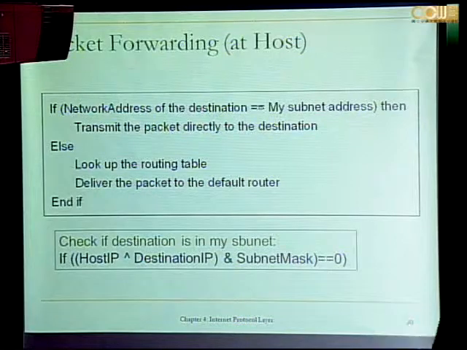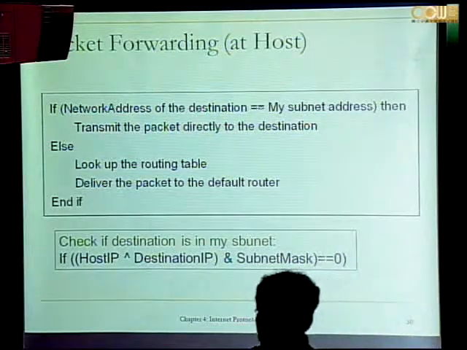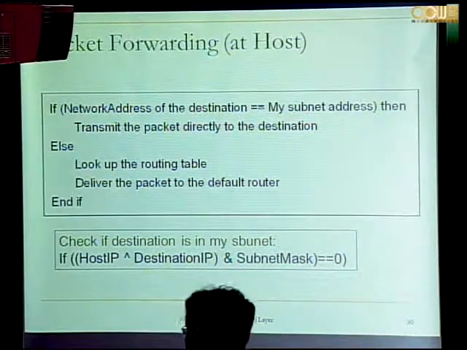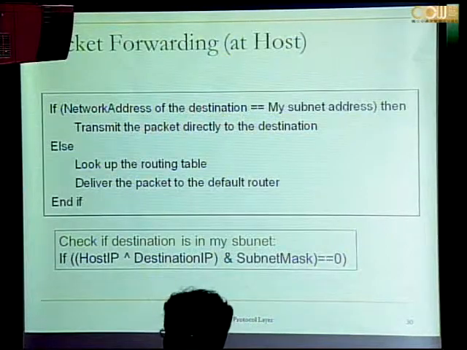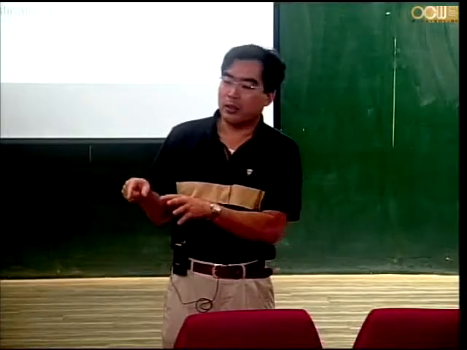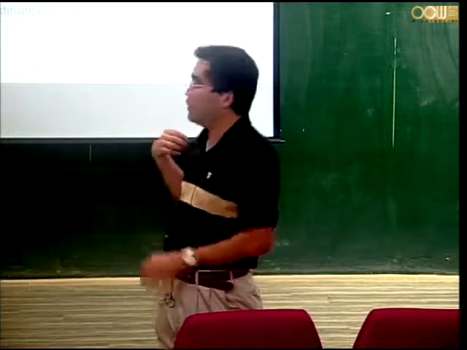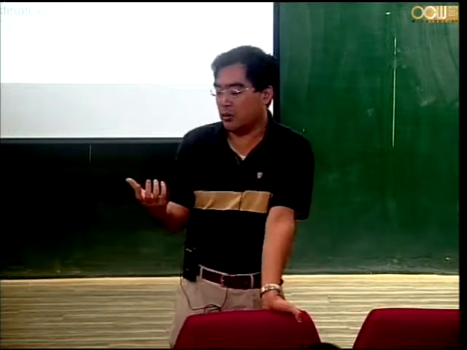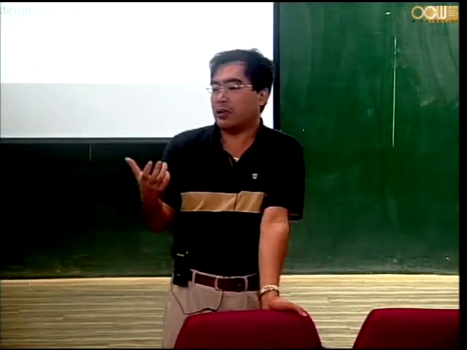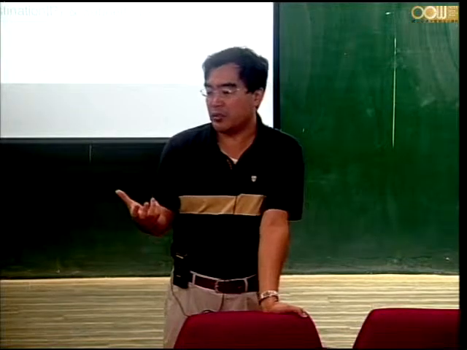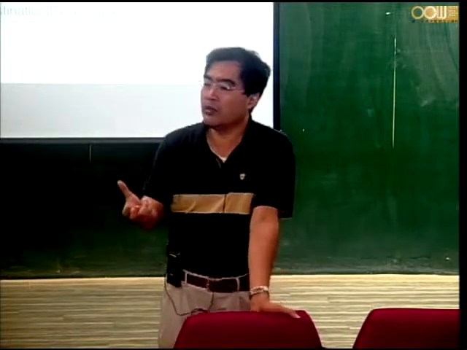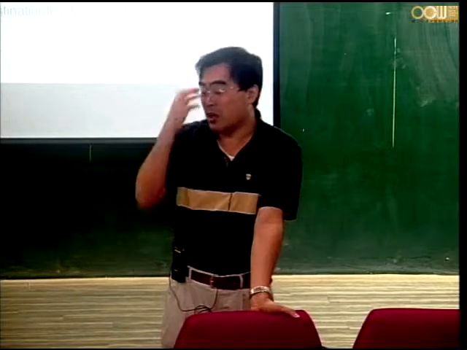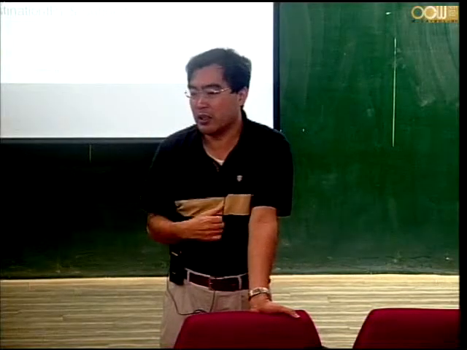There's a detail here, because we haven't touched on ARP, but we'll see it today. You get a packet, you take the destination IP address and do this, and then you find that this destination IP address is in the same subnet.